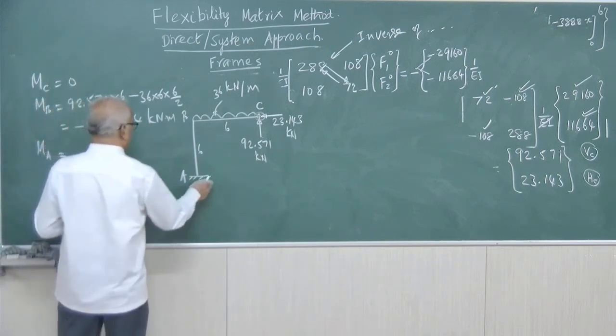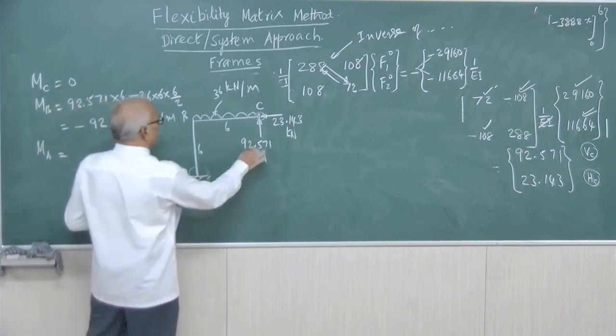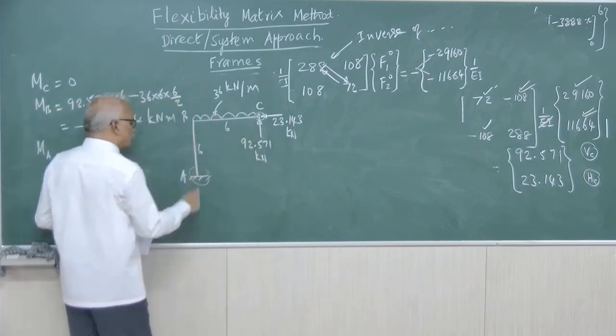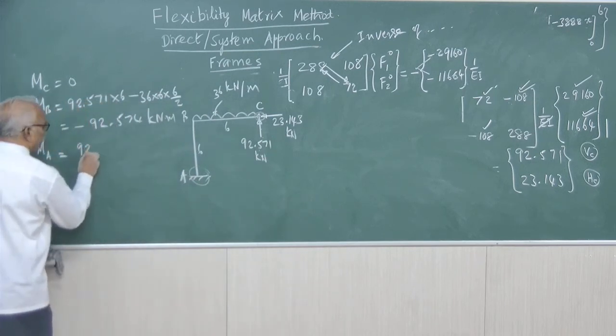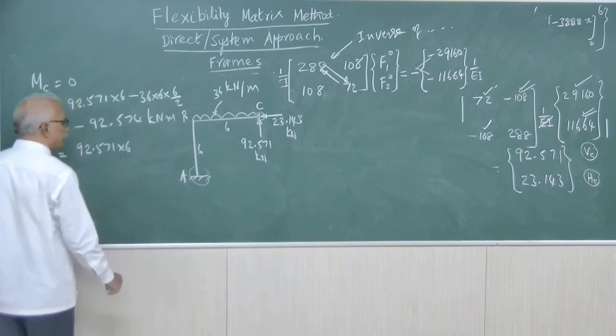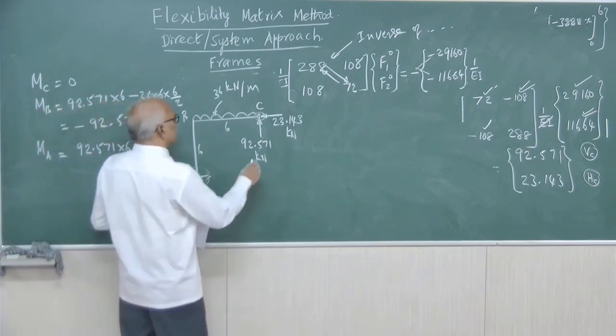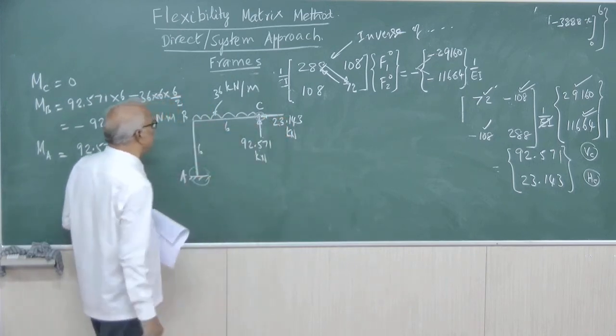MA equal to, here, MA equal to this 92.571 will cause an anticlockwise moment, therefore that is positive. Therefore 92.571 into 6 meters, and there is a horizontal force. This horizontal force into vertical distance, that will also be anticlockwise.